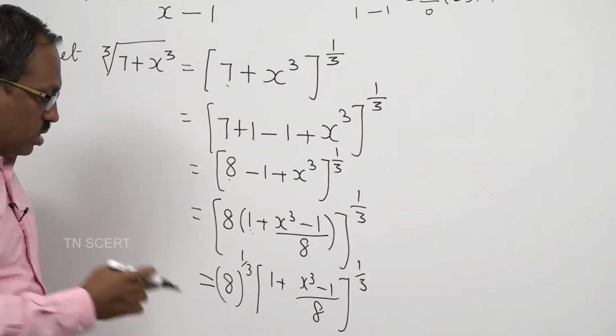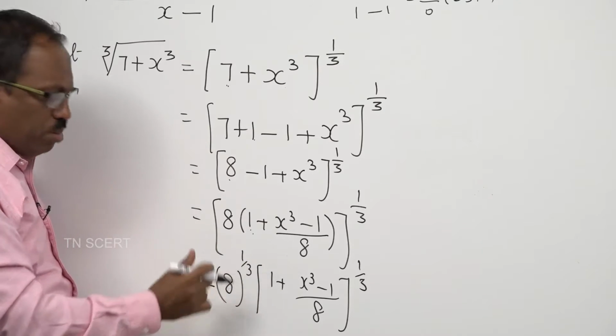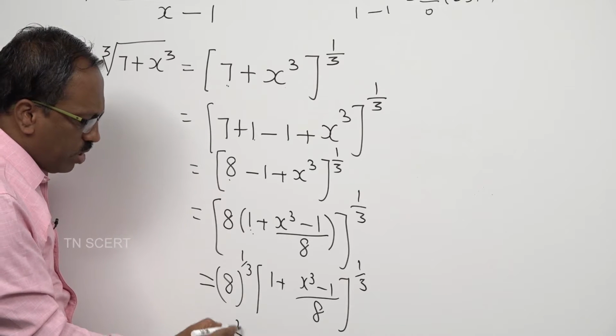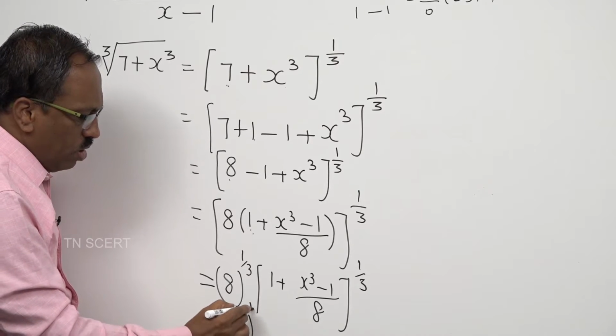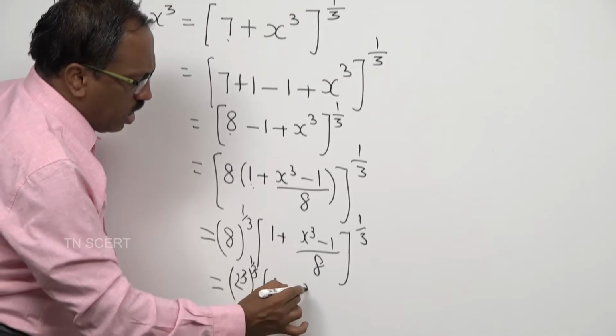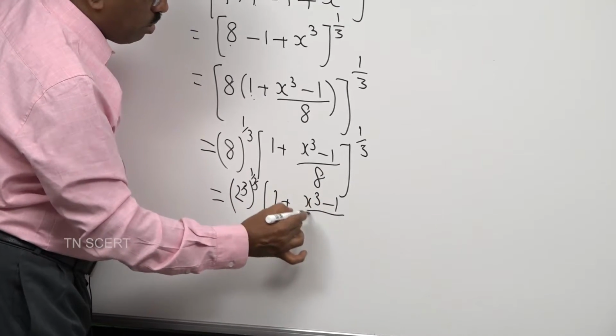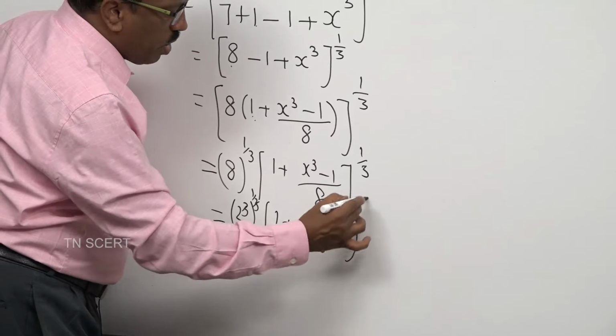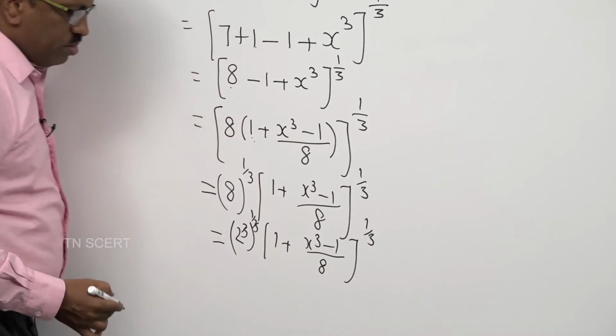Remember students, this is 2 cube whole power 1 by 3, nothing but 2, this getting cancelled, 1 plus x cube minus 1 by 8 whole power 1 by 3.